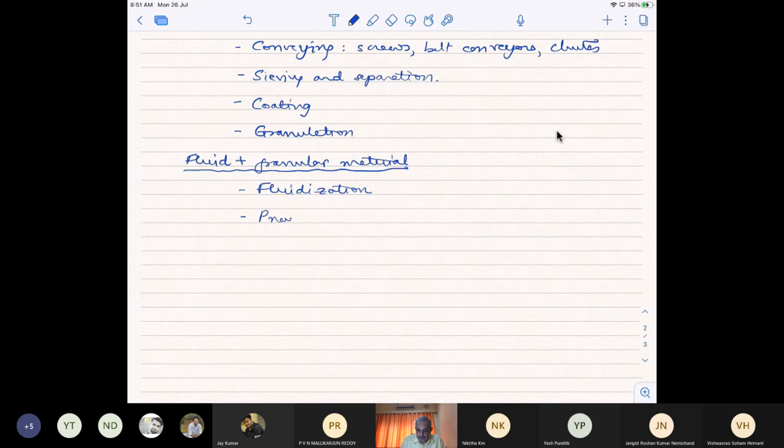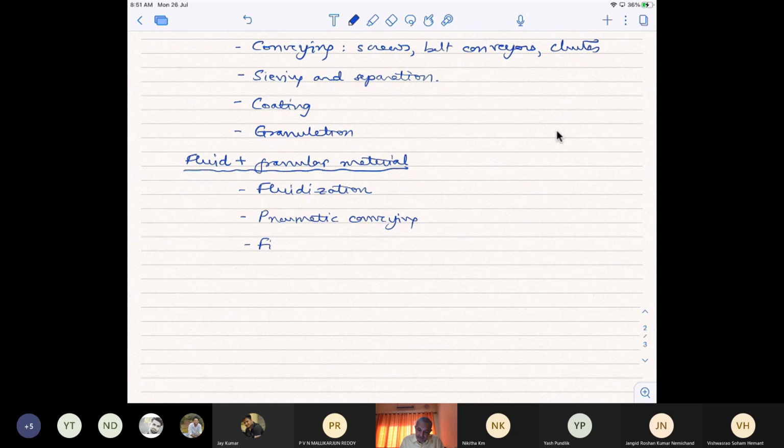Pneumatic conveying. So this is again a way of transporting particles. It's like pipe flow, but you just blast air which carries the particles along.